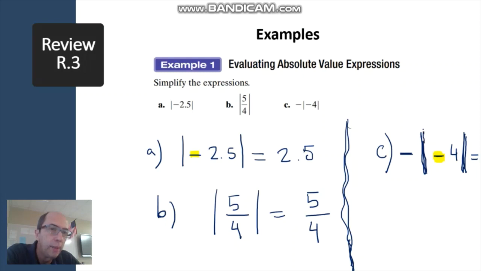The absolute value only removes the negative signs inside these two vertical lines. So this is equal to negative, and the absolute value of negative 4 is 4. So the result for letter C is negative 4. Okay?